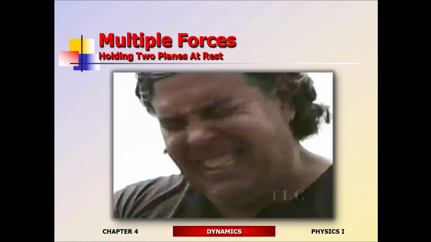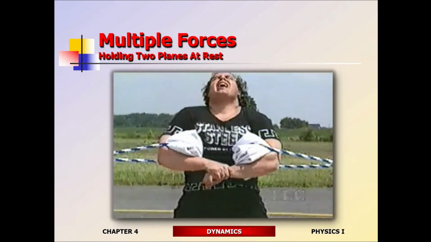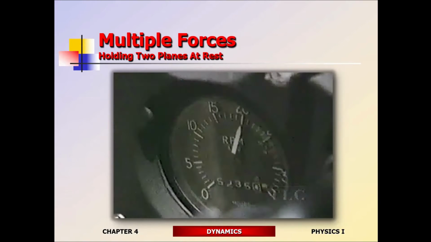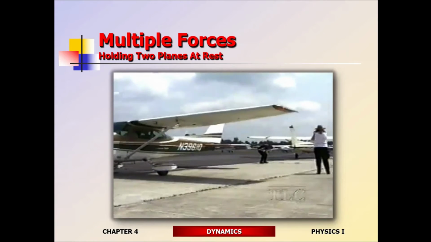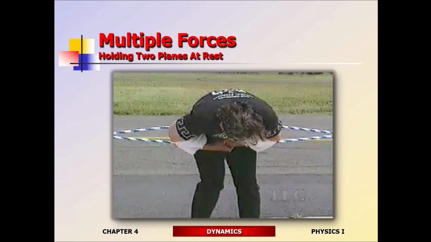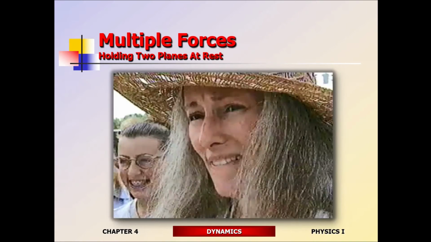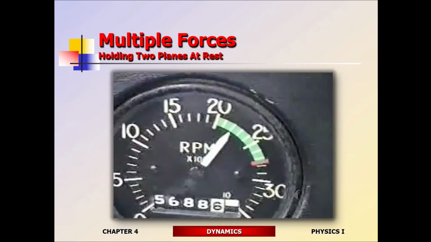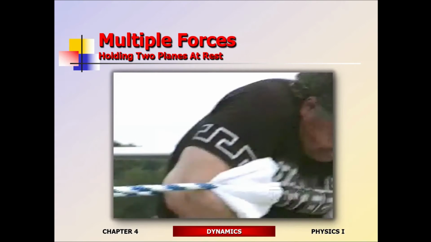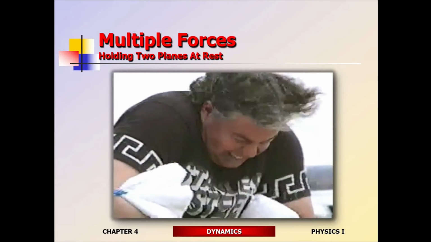Now, at 2,000 RPMs, nearly enough to take off. Grimaces as he fights to hold his ground. Barbara watches, terrified and helpless. The tachometers now read 2,200. More than enough power to take off. Stanley has only 200 RPMs to go.